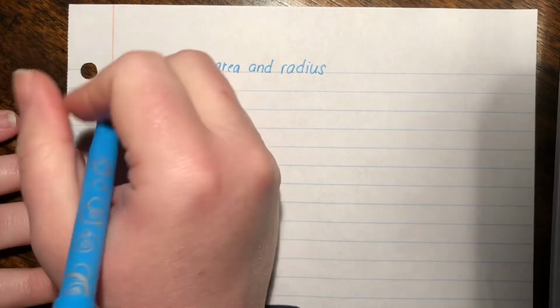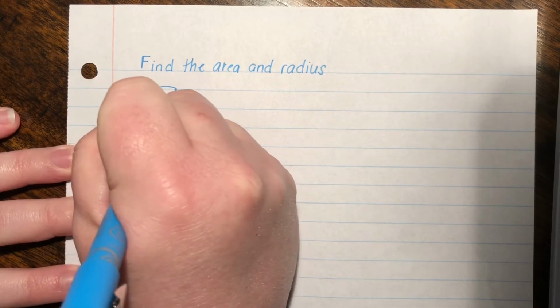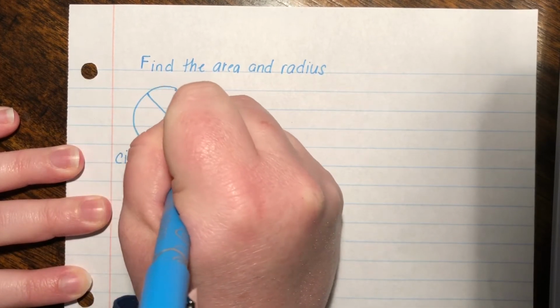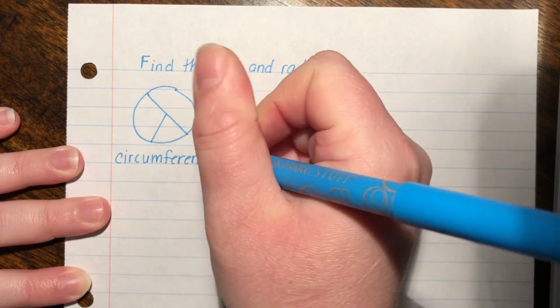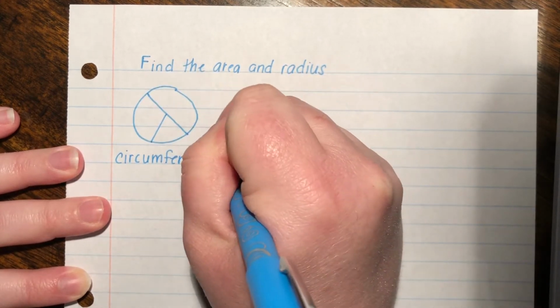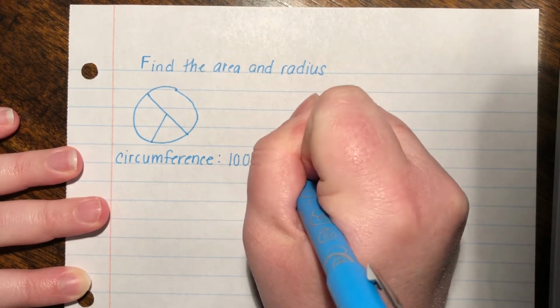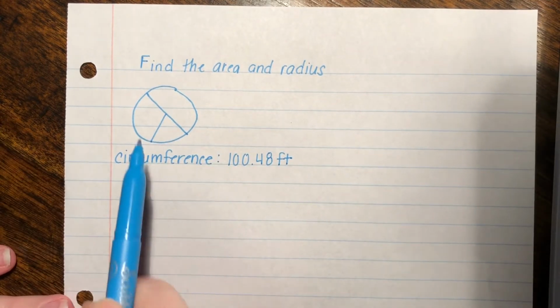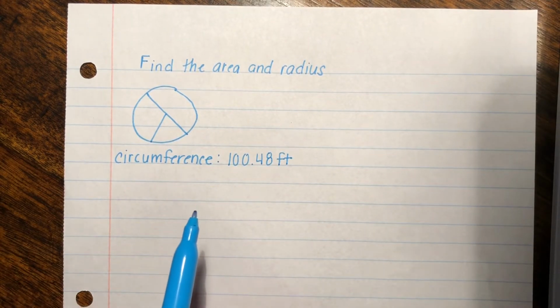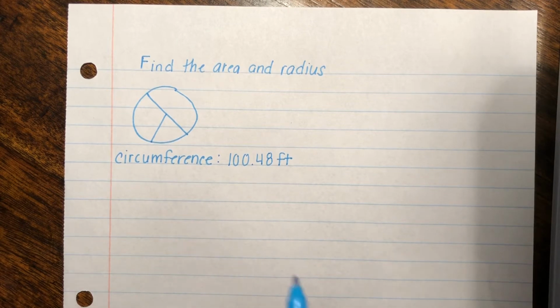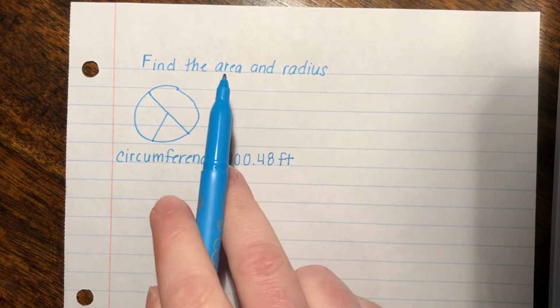For this one, it gives you the circumference, and the circumference is 148 hundredths feet. So we know that the circumference of this circle is 148 feet, but we need to find the radius and the area.